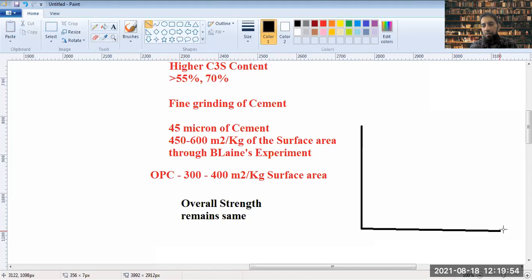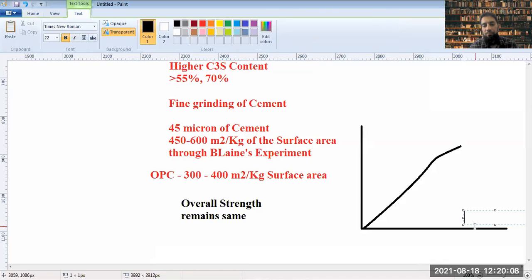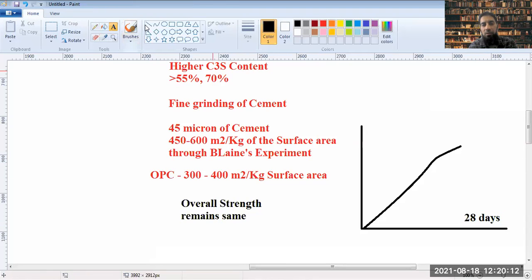strength being achieved in ordinary Portland cement in 28 days, so if this was 28 days here, and any particular strength was being achieved here.